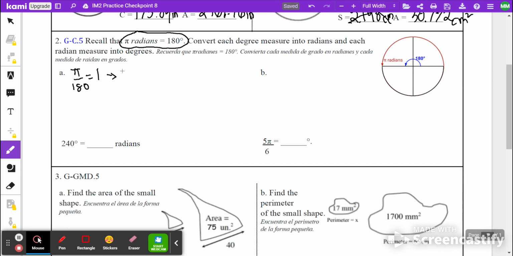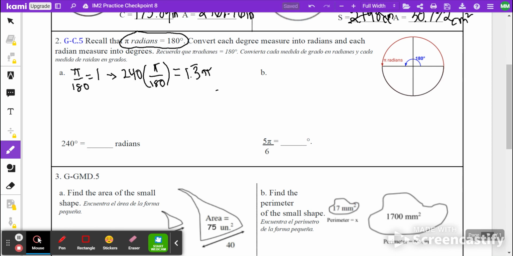So 240 degrees multiplied by pi over 180 degrees is equal to, what's 240 divided by 180? 1.333 pi. So 1.3 repeating pi. Now, I would take this, but if you can, do this just as fractions.